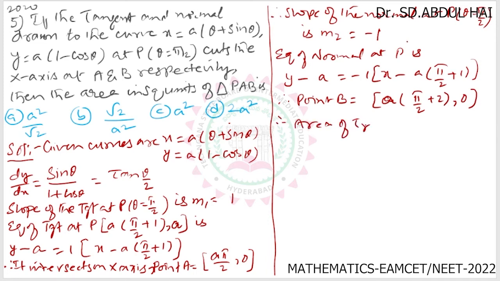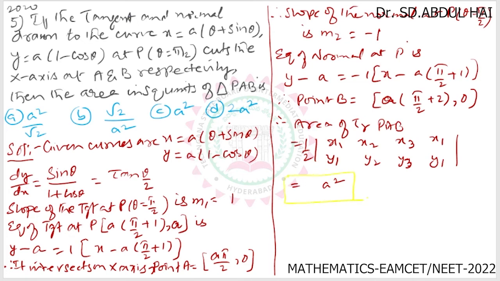Therefore, the area of the triangle PAB is equal to, you know the formula, that is half into the determinant of x1, x2, x3, x1, y1, y2, y3, y1. If we substitute in this formula and simplify, we may get the answer as a square. So, what is asking? He is asking the area of PAB. Therefore, my answer is nothing but a square.